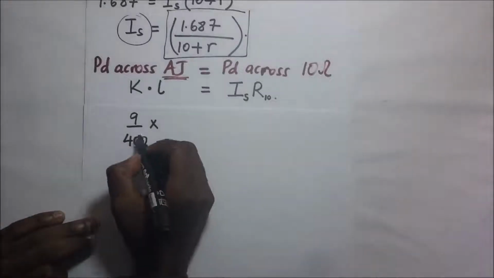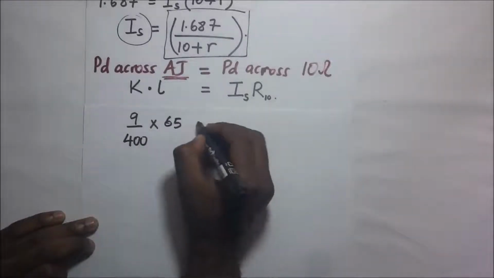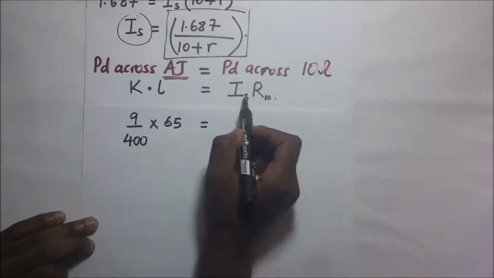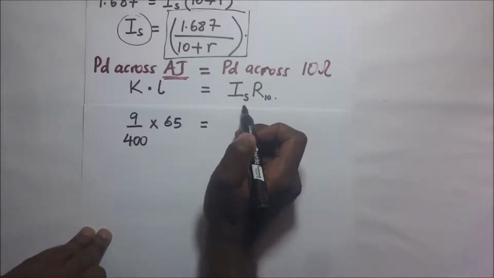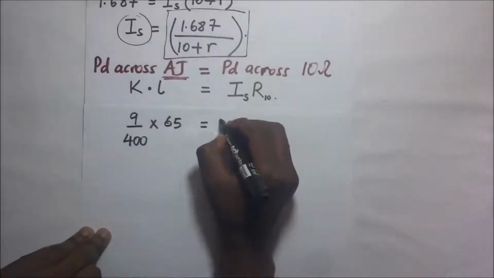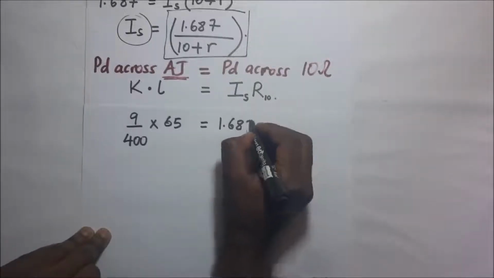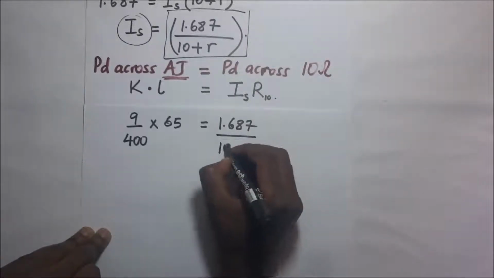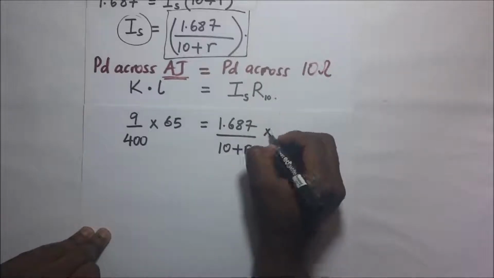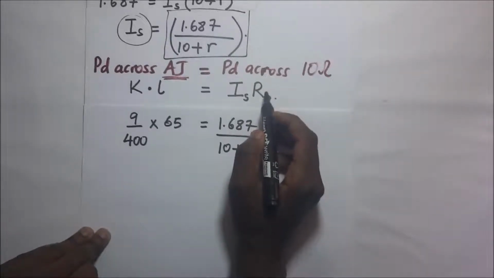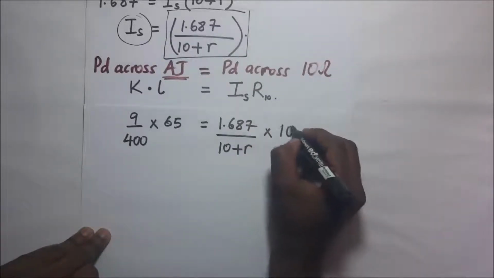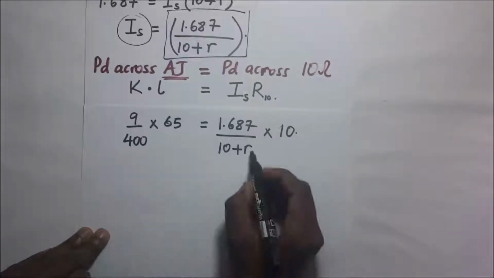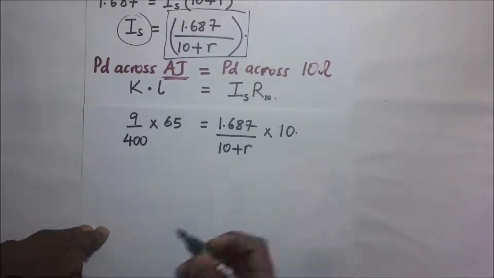So the PD per unit length times 65 centimeters is equal to the current going through that 10 ohm resistor, which is 1.687 over 10 plus r, multiplied by the 10 ohm resistor, which is 10. So from this expression we are able to get our value of r.